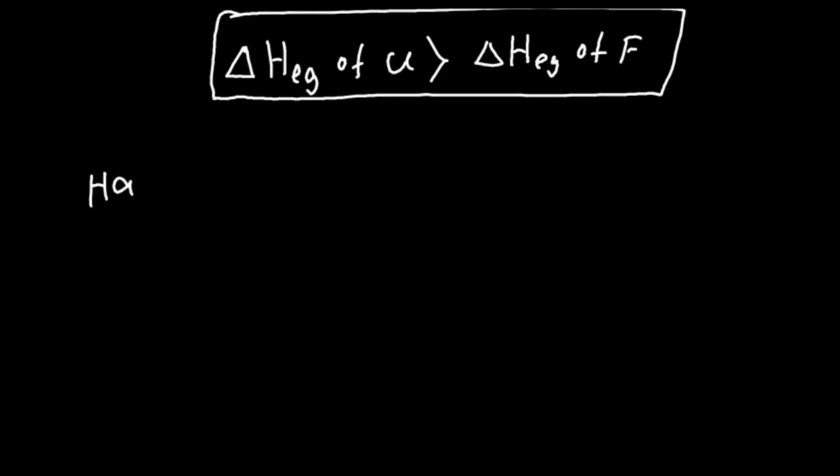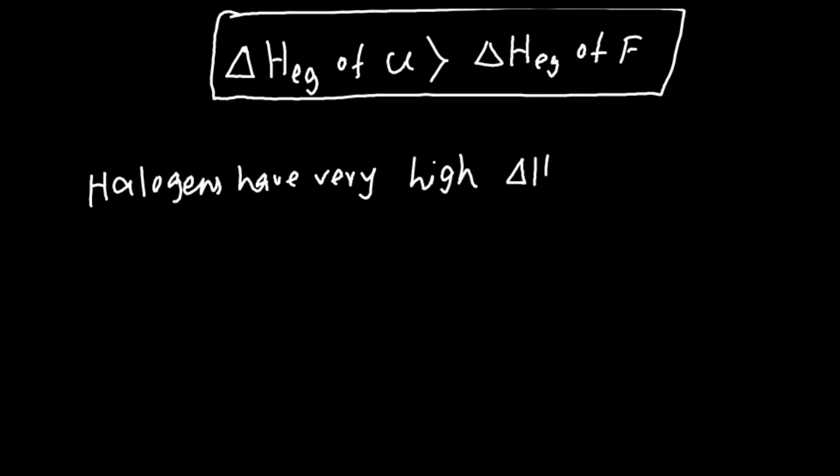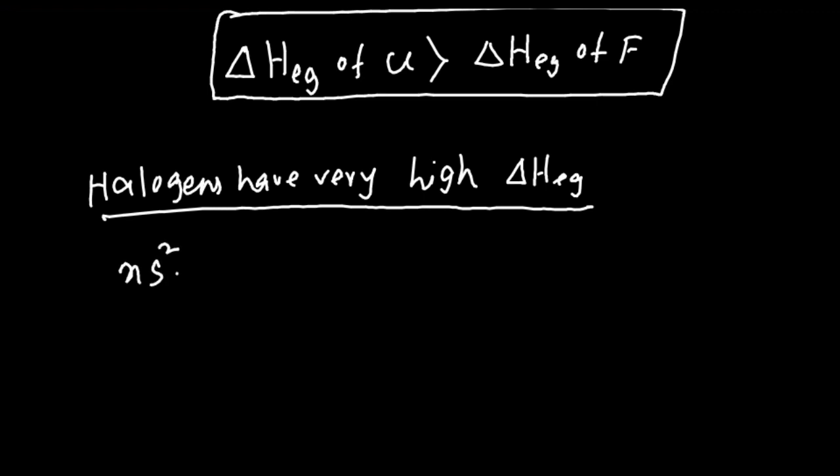Now, a very common question: halogens have very high electron gain enthalpy. Why? What is the reason behind this? So if you see their general electronic configuration, it is ns2np5. Okay.